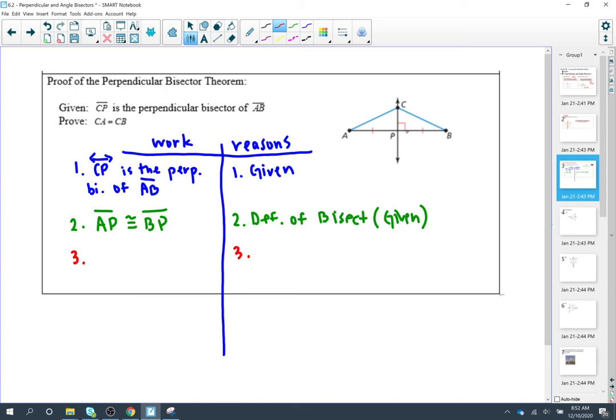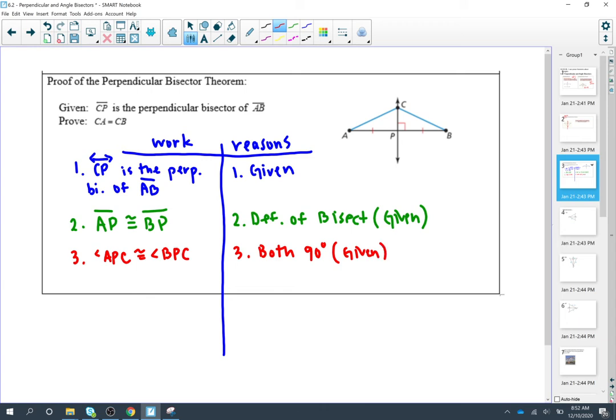Now number 3. I know this part is equal to this part. Well, what about these angles? Do you see this angle in here? What do we know about this angle? This angle's 90, so I know this angle's 90. So then I'm going to say angle APC is congruent to angle BPC. I know that because they're both 90 degrees, which again was part of the given.